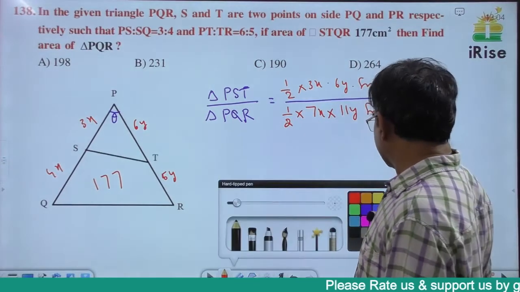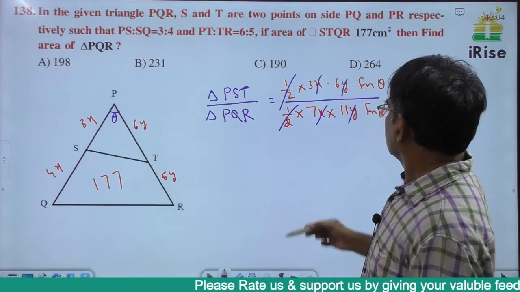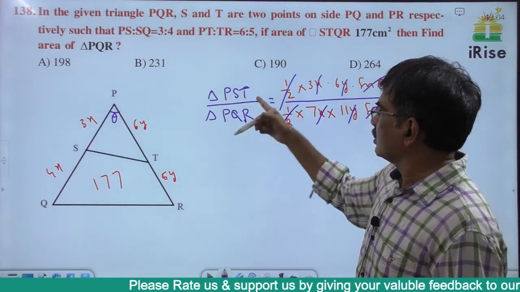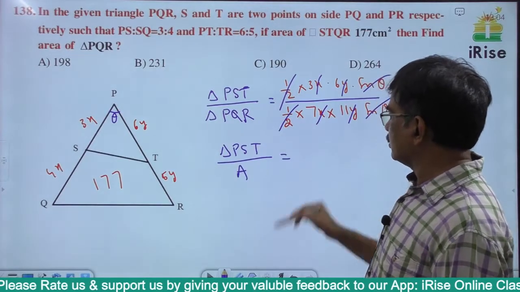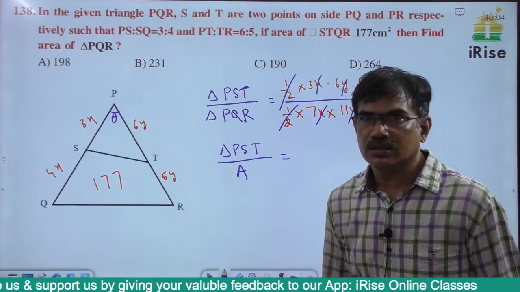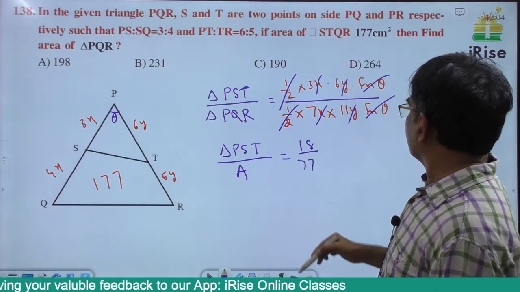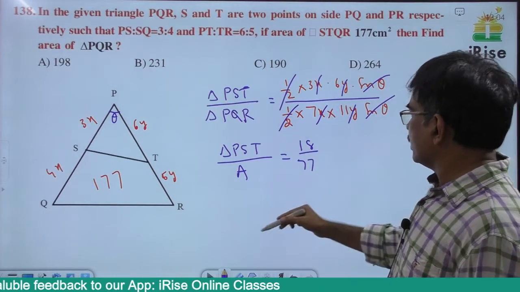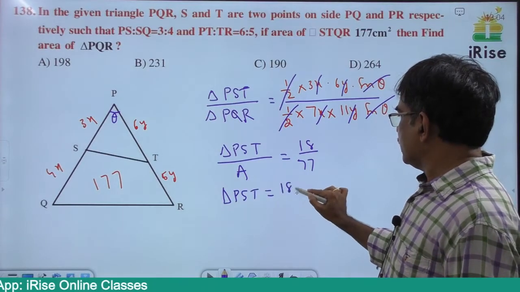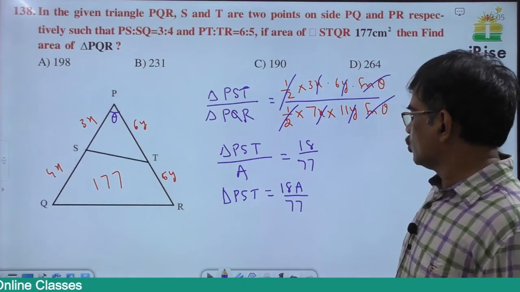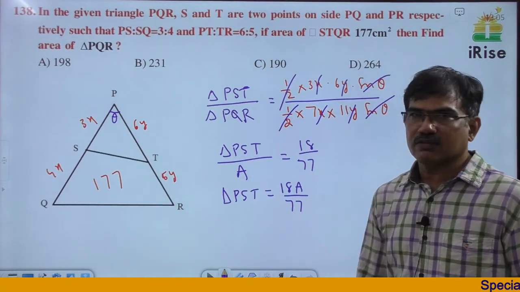Here half cancels, x, y cancel, sin theta also cancels. Triangle PST by total area, I want to consider the total area as A, is equal to 3 into 6 by 77, that is 18 by 77. So what is triangle PST? 18A by 77. In the total area, this part is 18A by 77.